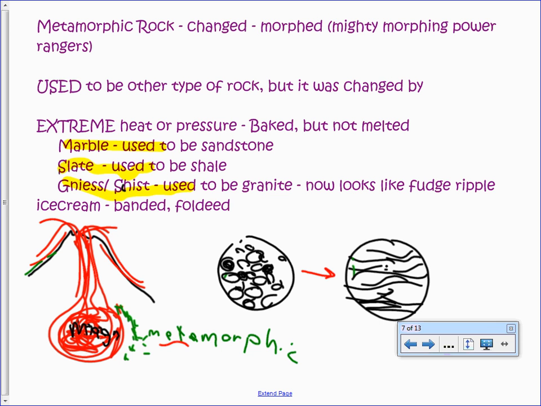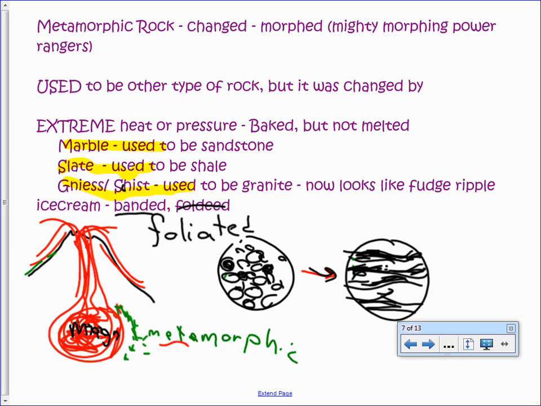And you'll find in gravel, you'll find a lot of rock like this. And so it looks like this. It used to be granite, and it's been changed to schist or gneiss. So it's banded or folded, or one of the words they use is foliated.